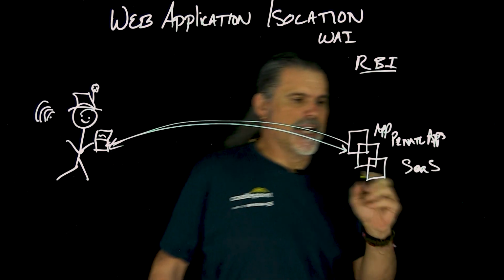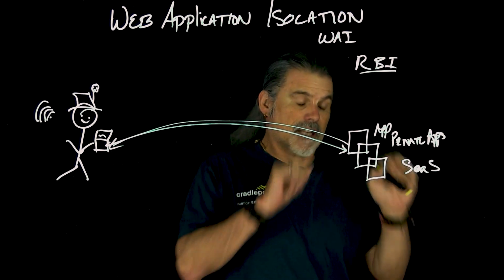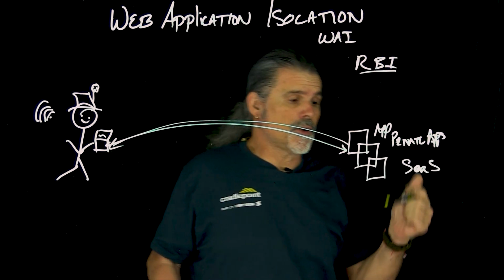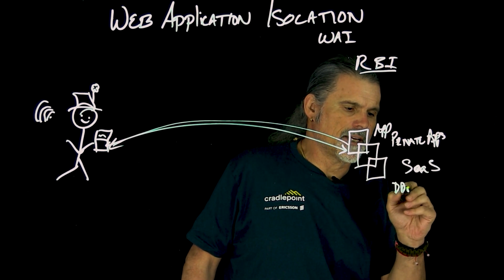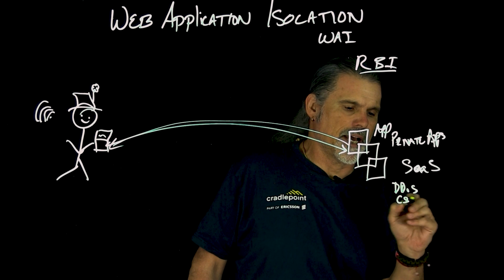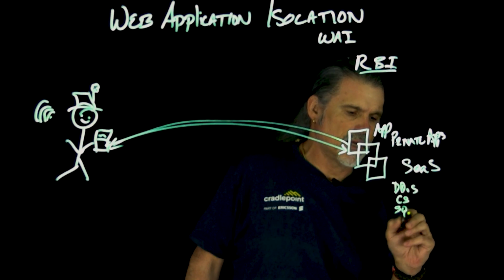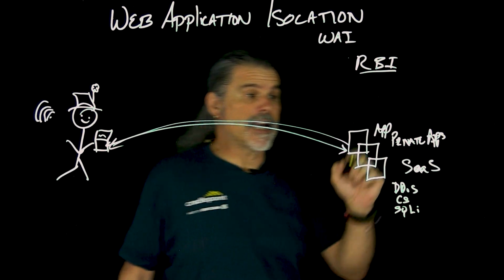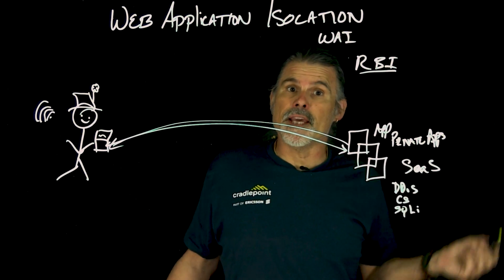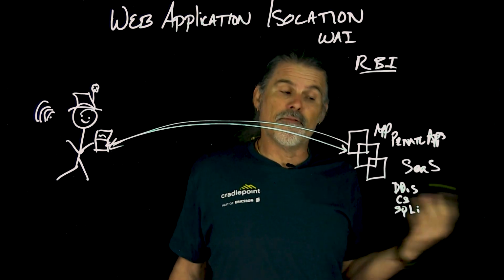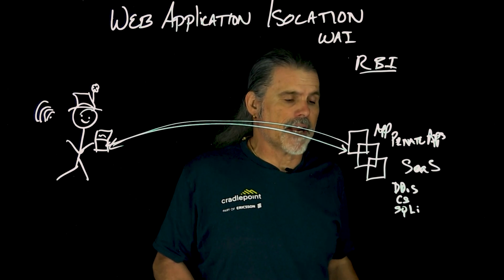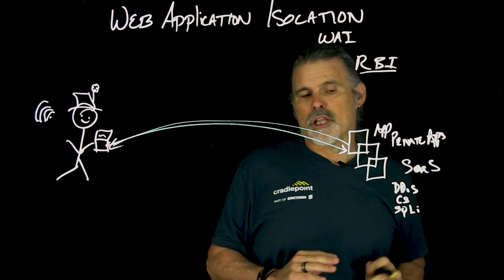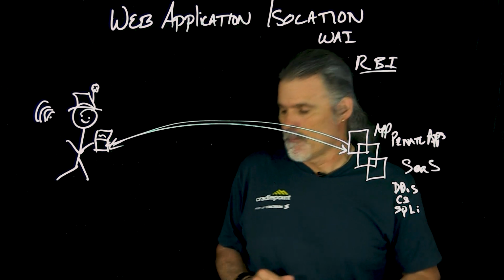The other thing is over here, connected directly to the application, this person might want to do things like a distributed denial of service attack, or a credential stuffing attack, or a SQL injection. They might even be able to look at the application code and figure out, oh, there's a vulnerability in that code or in that platform or something along those lines where they can cause some mischief over here.